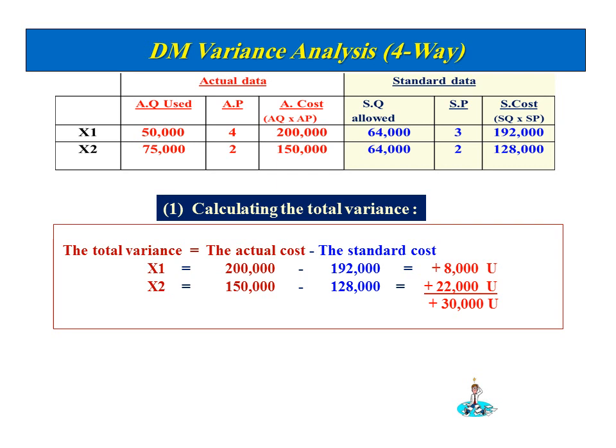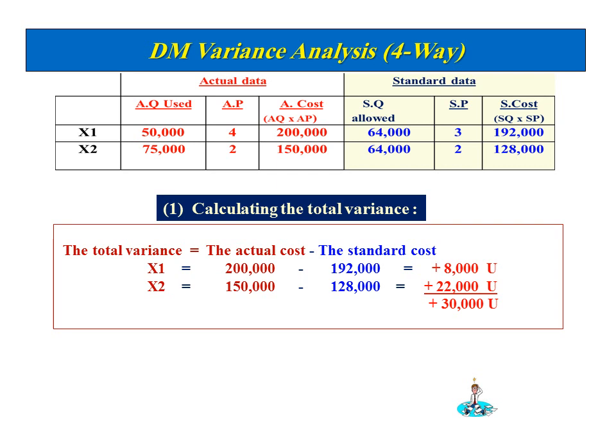Here the actual cost for both X1 and X2 is more than the standard, so the difference for X1 is positive 8,000, positive means unfavorable. For X2 positive also 22, unfavorable, so the total of them is positive 30, unfavorable. This is my total variance of direct material.